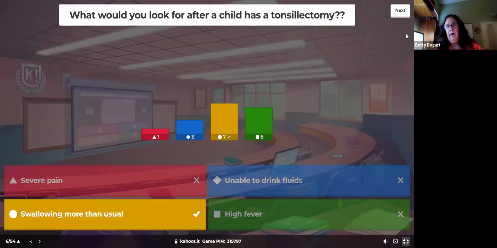So if you have a child post tonsillectomy, number one, if they're not awake, you turn them on their side, so that the blood can come out if they bleed. If you see them swallowing, that's probably blood in there and they're trying to swallow it. If you see swallowing, look at the tongue, it's probably going to be blood. Concern if it's too much, does it need medical treatment?